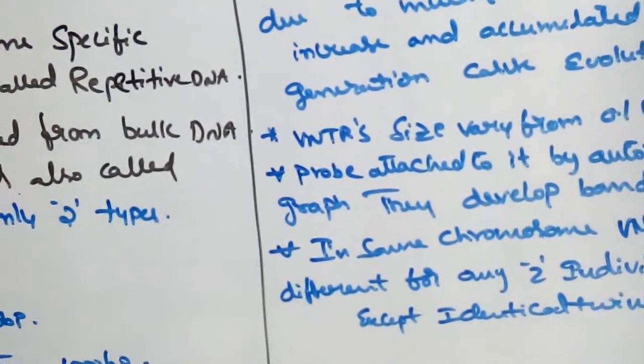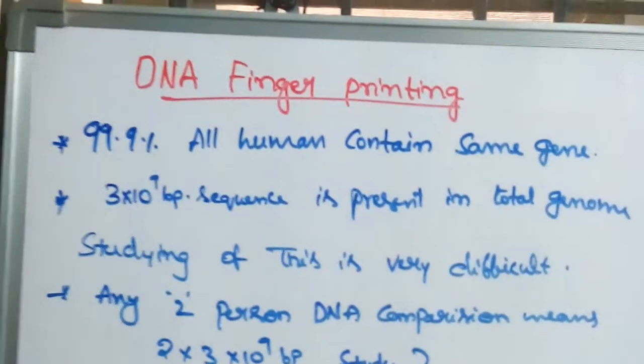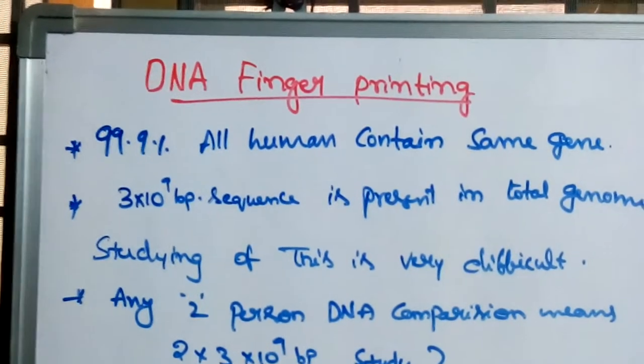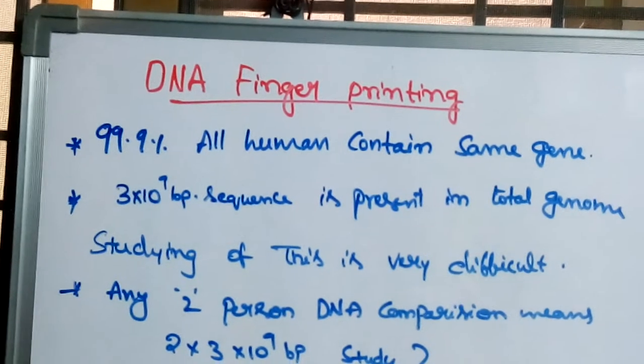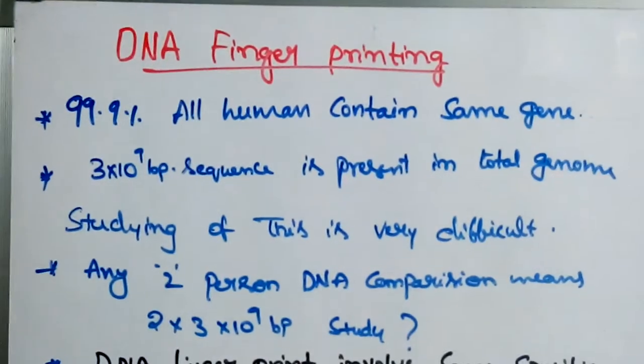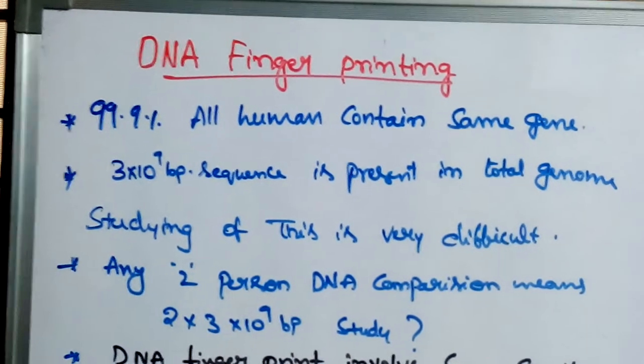Based on these VNTRs, the DNA fingerprint will be developed. Once again, what is the DNA fingerprint? Developing the picture of DNA. Even though humans contain 99.9% of the same DNA, studying the total gene, that is 3 into 10 to the power of 9 base pairs, is very difficult.